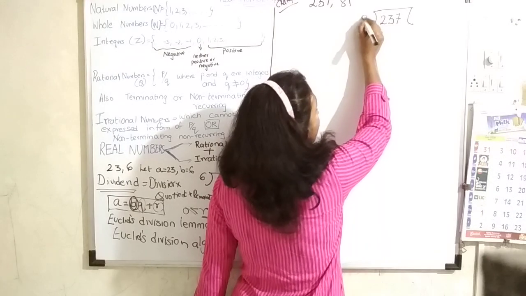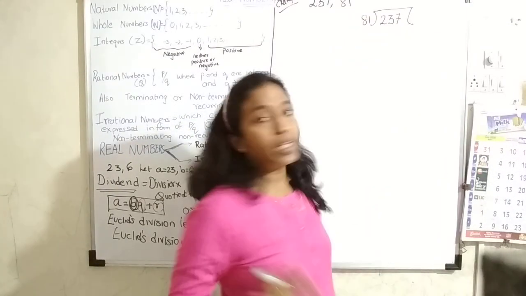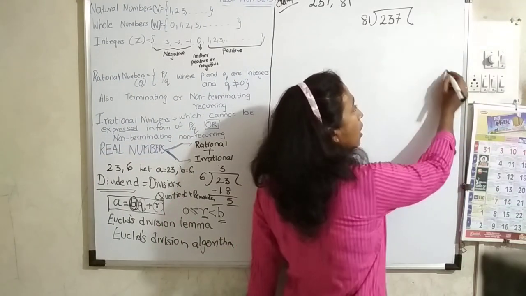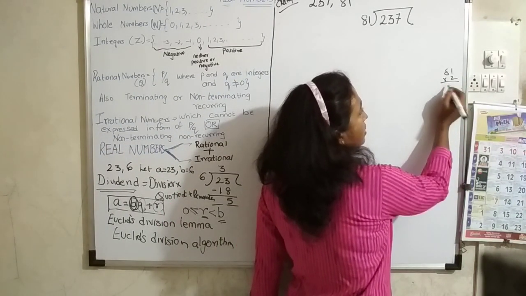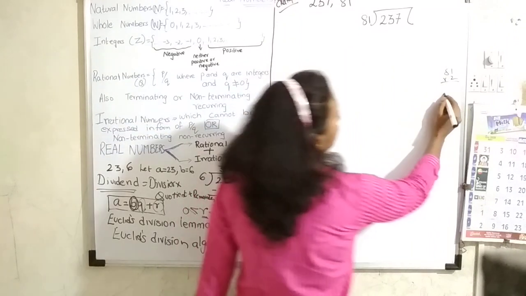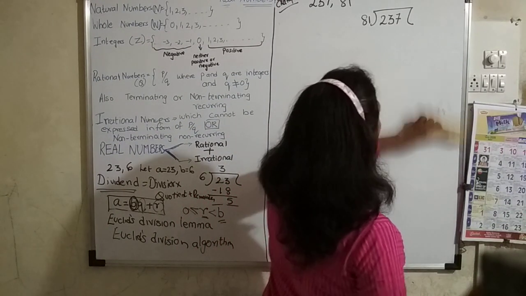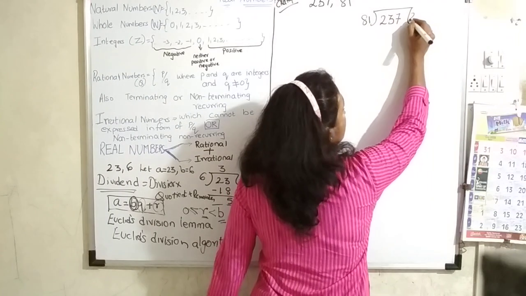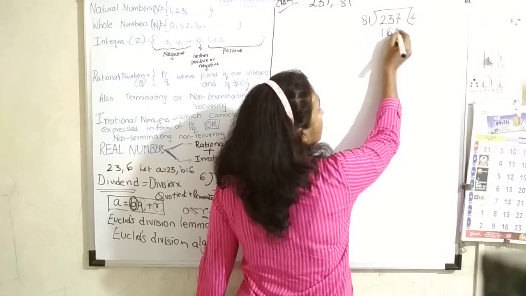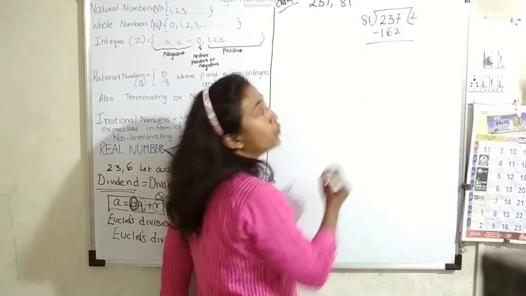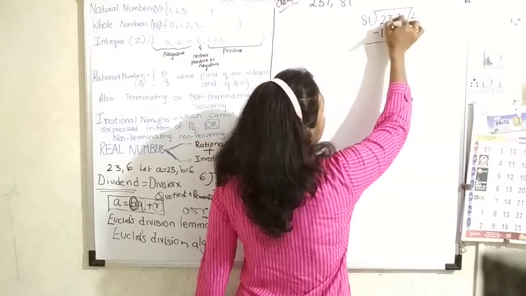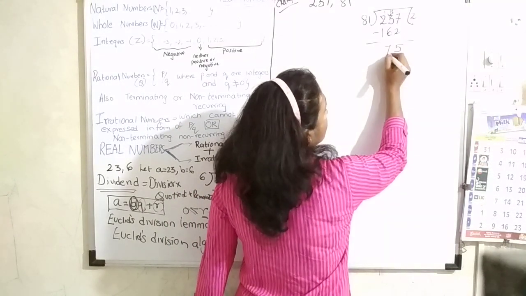So I divide by 81. 81 ones are 81, 81 twos are 162, 81 threes are 243. So here I take 2 and I get 162, and the remainder is 75.